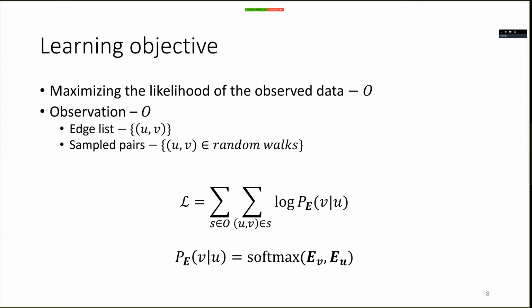So O is a set of random walks, and for each random walk S, you traverse over the edges in this random walk.